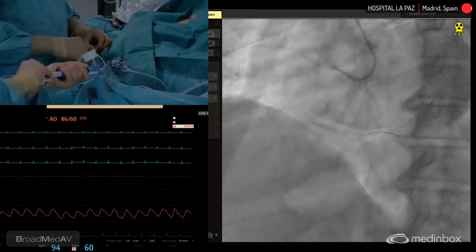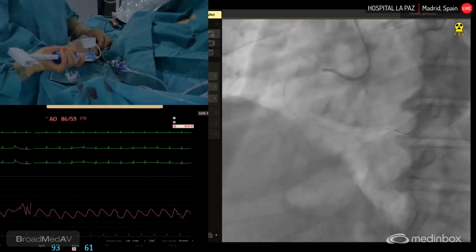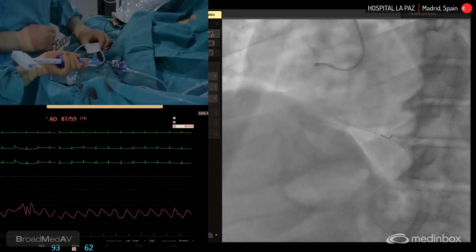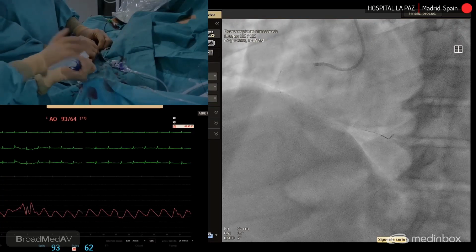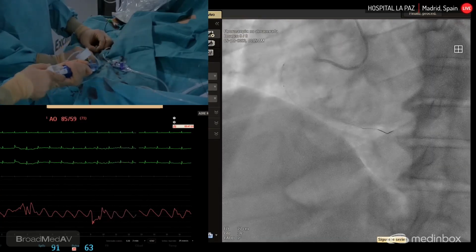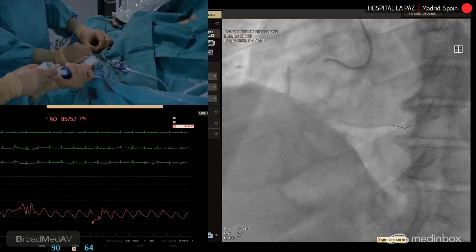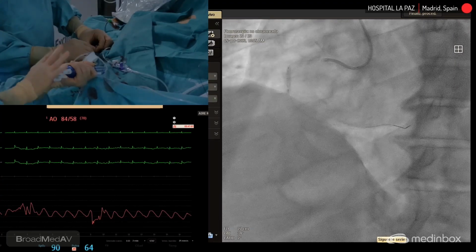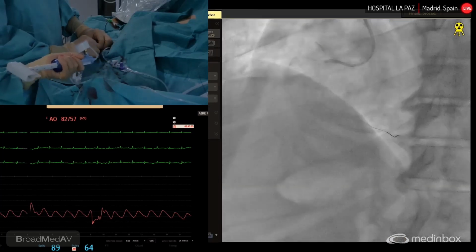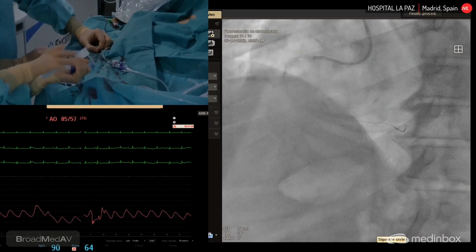This is a significant infraexpansion in the mid part. Infla 12. Okay. Aquí otra vez. 12 también.